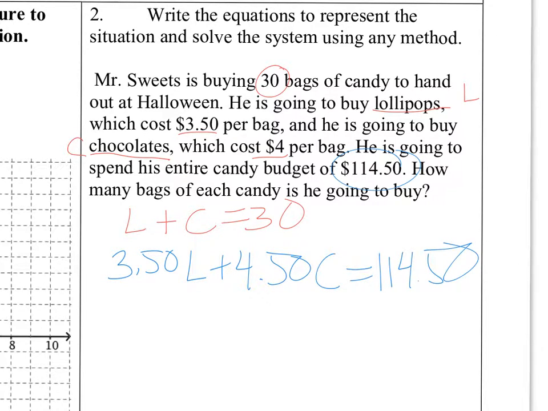$114.50. Okay, I'm going to solve this using elimination, and to do that, I'm going to multiply my entire top equation by 3.5. In fact, I'll multiply by negative 3.5, so I don't have to deal with subtraction. All right, we get negative 3.5 L minus 3.5 C. I'll add zeros to make that easier to see.